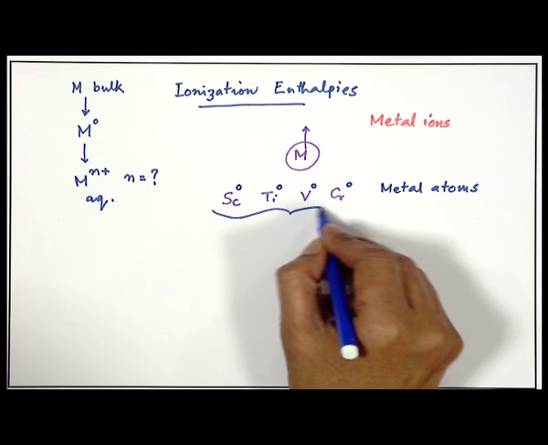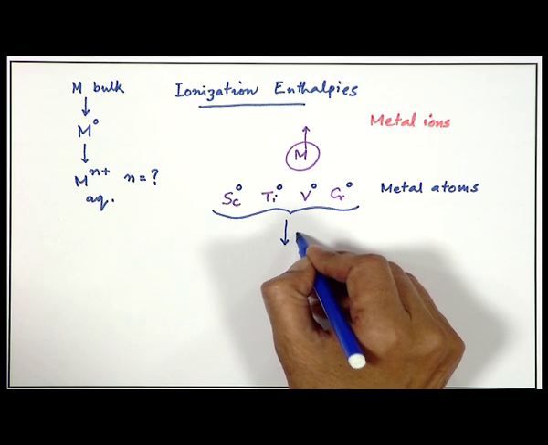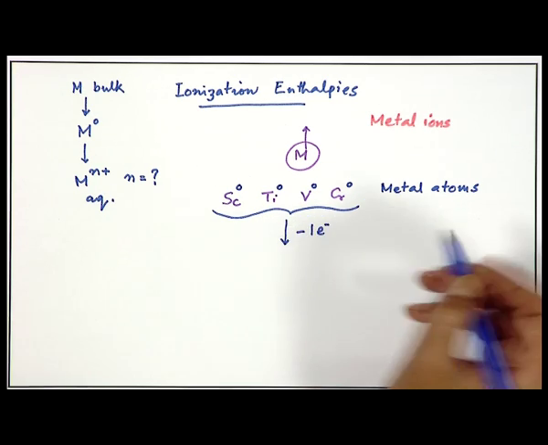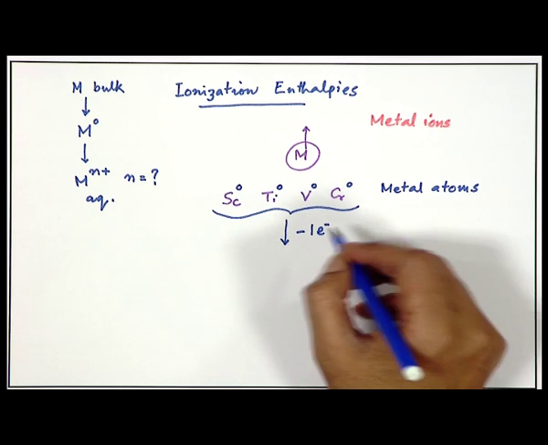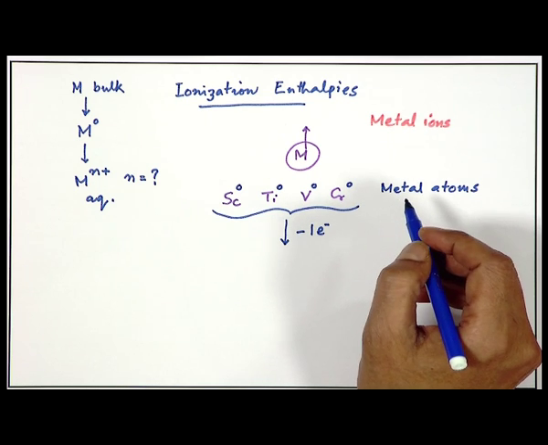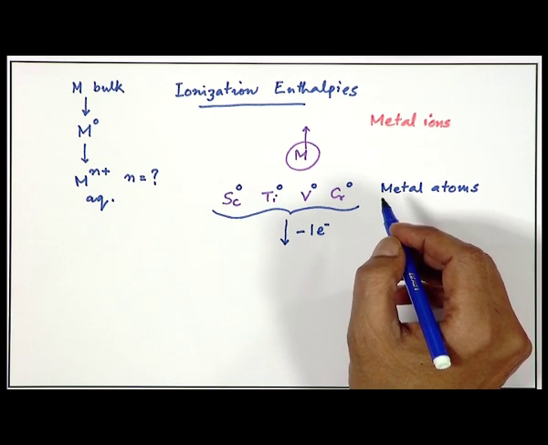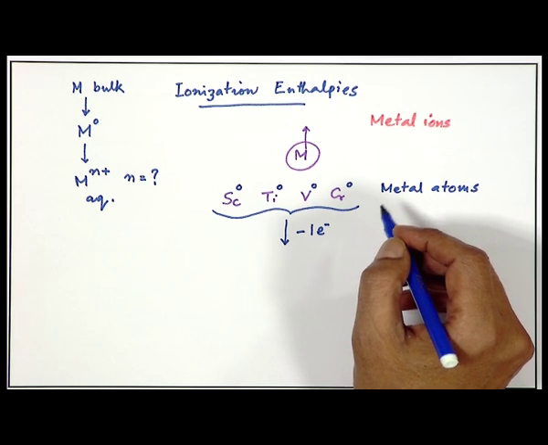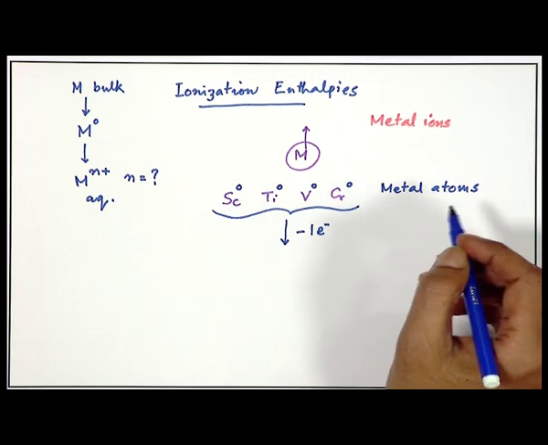Then the electron transfer. So, if we go for the first electron transfer, all of them are taking place in the gaseous state, it is not that we are having some aqueous solution or the water medium or some other solvent medium.